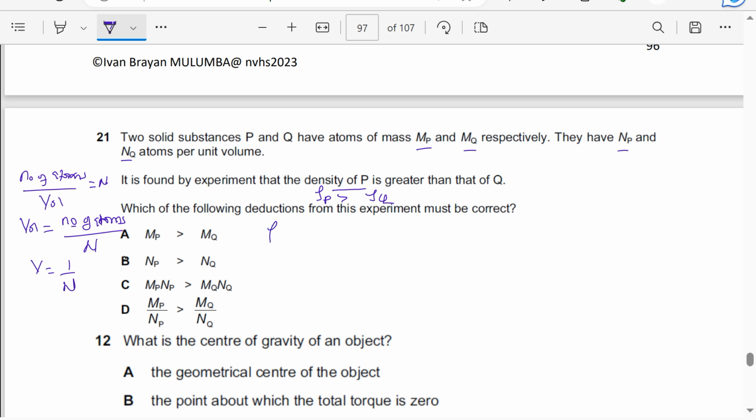So density of P will be the mass of P over the volume of P. Remember, density is mass over volume.